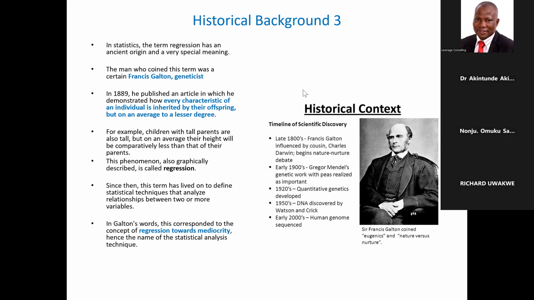Since then, this term has lived on to define statistical techniques that analyze the relationship between two or more variables. So in Galton's world, this corresponded to the concept of regression towards mediocrity, hence the name of the statistical analysis technique.